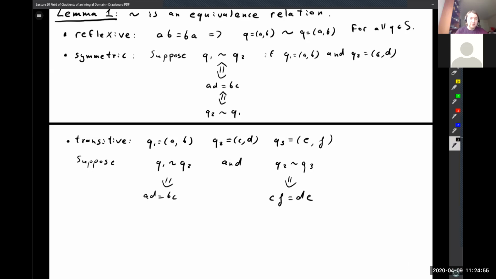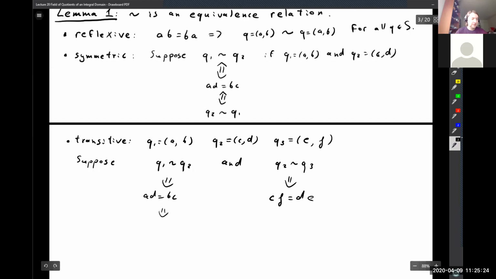Now, from both of these parts, we will conclude that ADF, actually we need on the left part, ADF equals BCF, right?